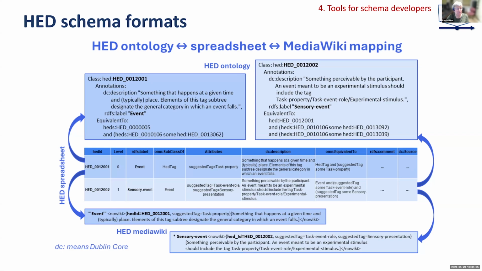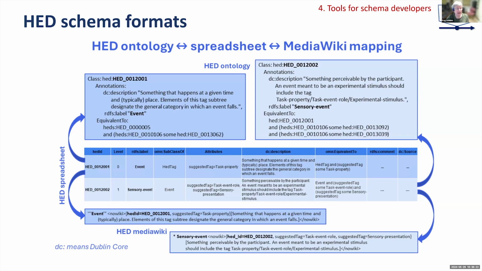Now, it's possible to put attributes in, and those are done in curly braces, but that's not required. But in this case, event has suggested tag, task property, and suggested tag says it's a guidance to the annotator saying, gee, if you're going to use event, you should really use a task property along with it.